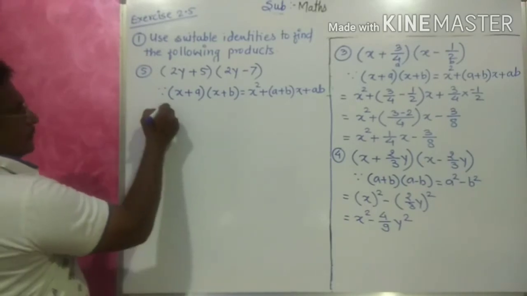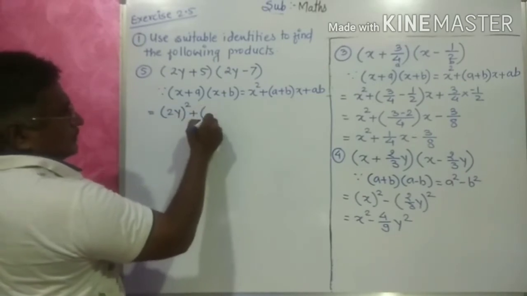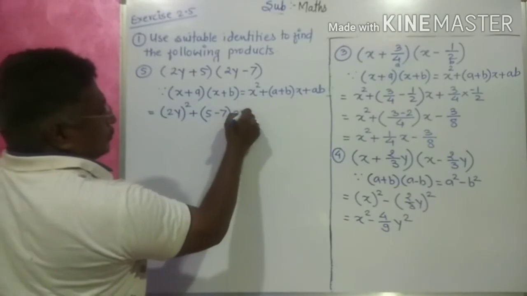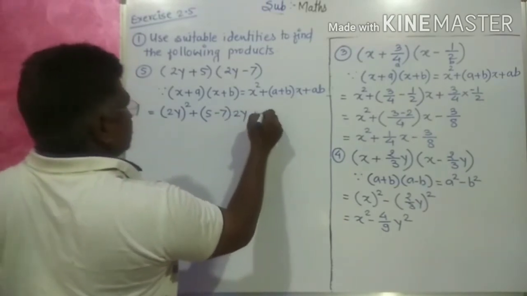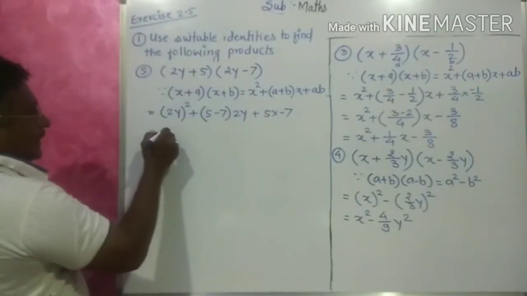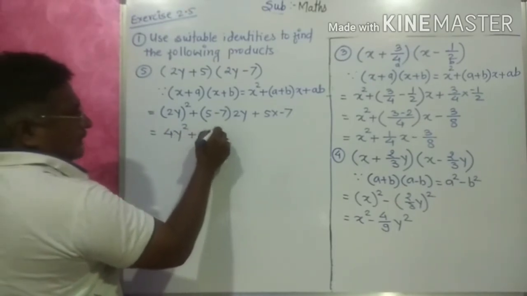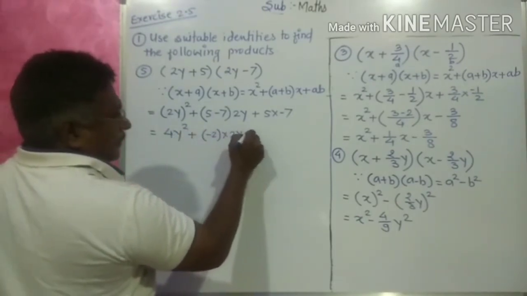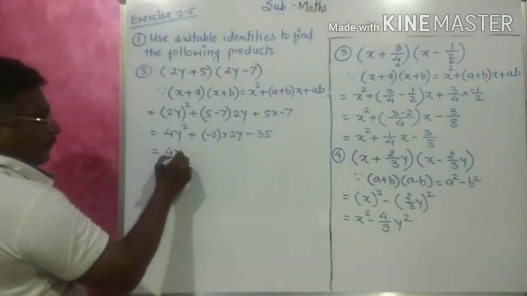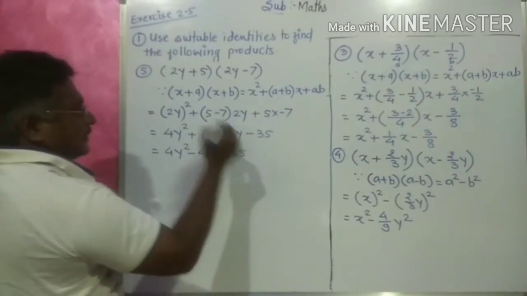So how to use? (2y) whole square plus (5 minus 7) into 2y plus 5 into minus 7. So what will we get? 4y square plus minus 2 into 2y minus 35. So here we will get 4y square minus 4y minus 35.